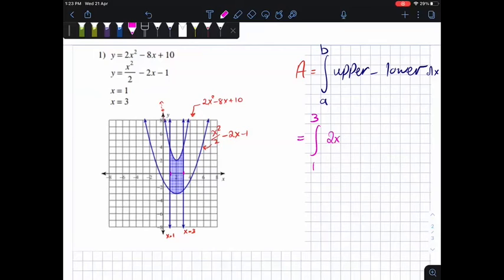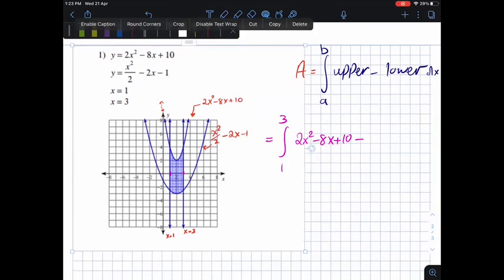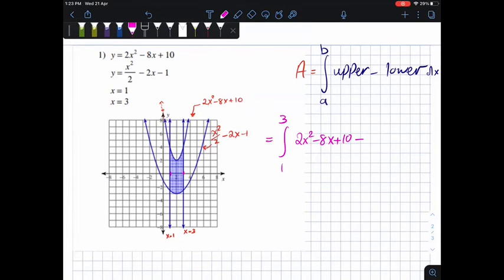The upper function is 2x squared minus 8x plus 10, and minus the lower function, x squared over 2. But wait, please, I will make a space here. Make a line here like this, and write area equals. Minus the lower function, x squared over 2, and change the sign, plus 2x plus 1, dx.